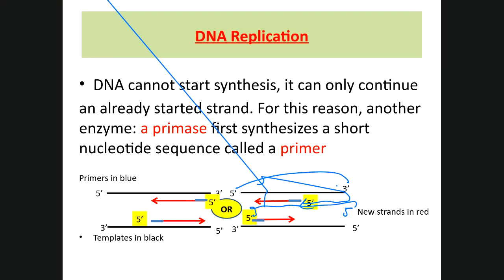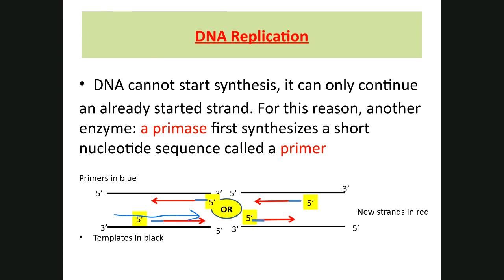Same thing is going to happen with the opposite strand here, which is again 5' to 3'. DNA polymerase will have to be moving towards the origin of replication because it has to move 5' to 3'.